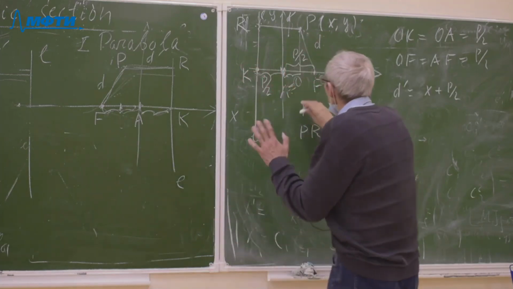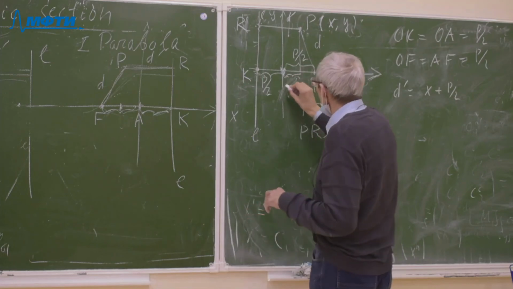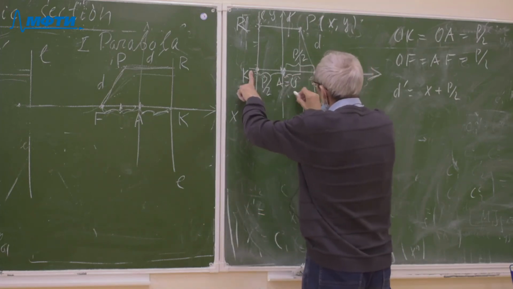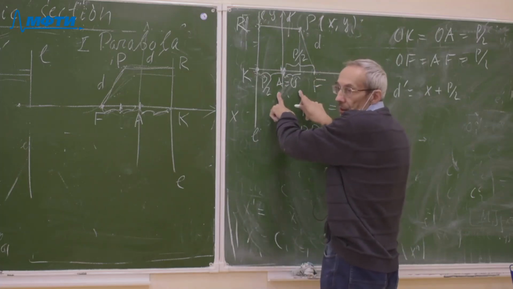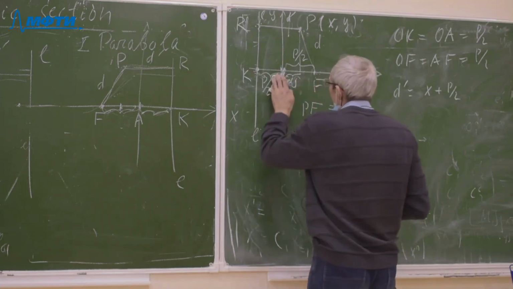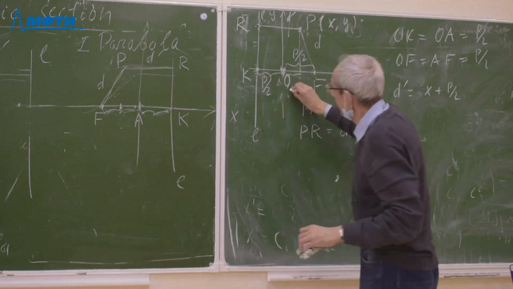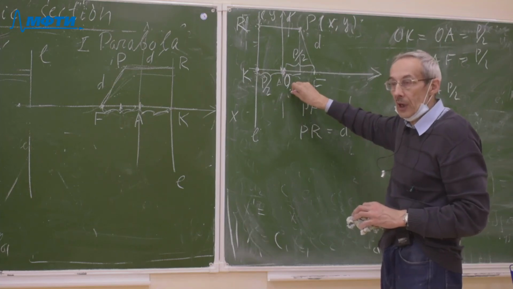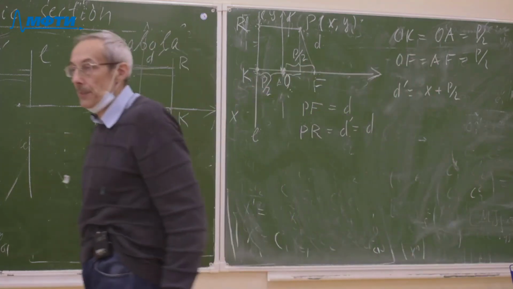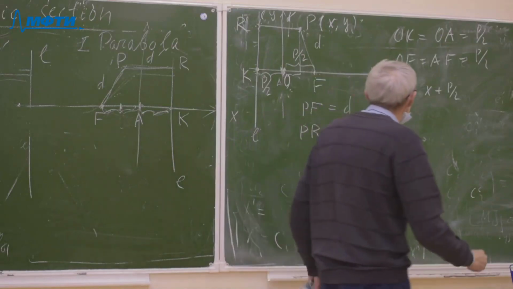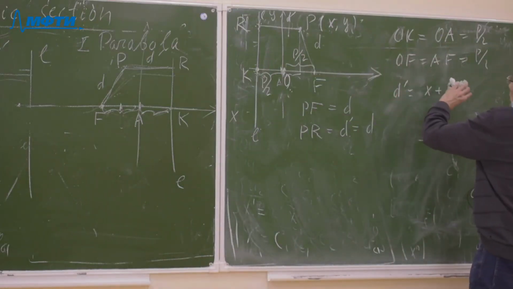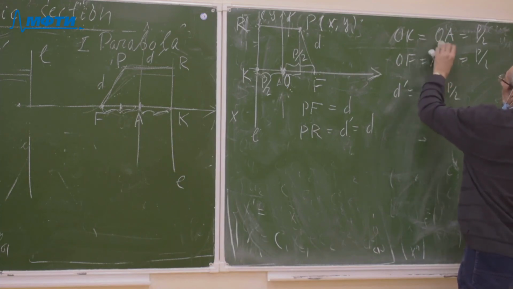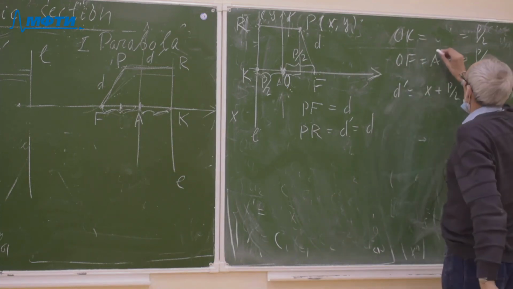Where is A? A is the middle of this segment. A, let's first of all be some point O, and O be the origin of our new coordinate system.